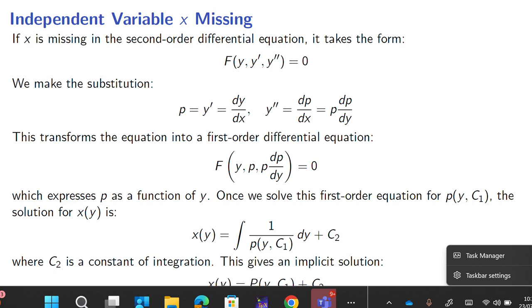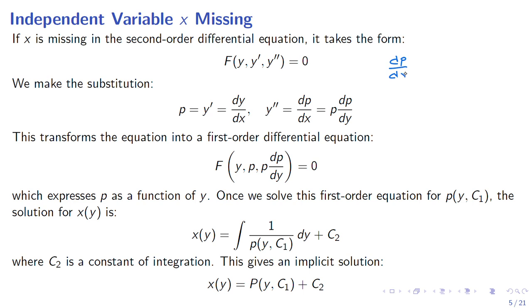But look, since x is missing, we're going to come up with an ODE in terms of y. So dp on dx, we need to write down in terms of dp on dy. We know dp on dx, using the chain rule, is dp on dy times dy on dx.